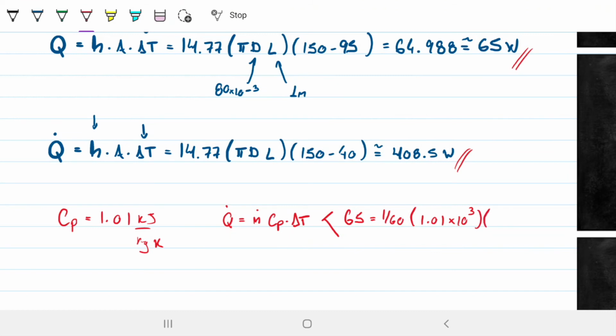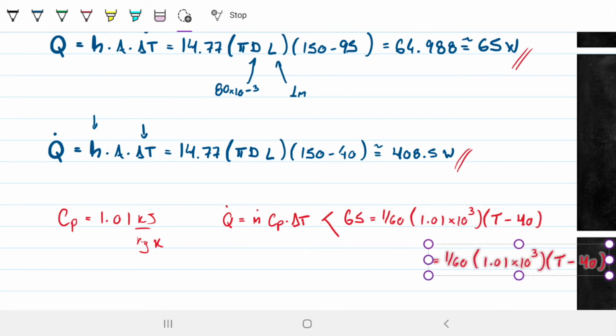And then over here, I'm going to have my temperature of the exit, my unknown, minus the 40, which is my known temperature. And over here, I'm going to have exactly the same thing, except instead of 65, I'm going to be using my 408.